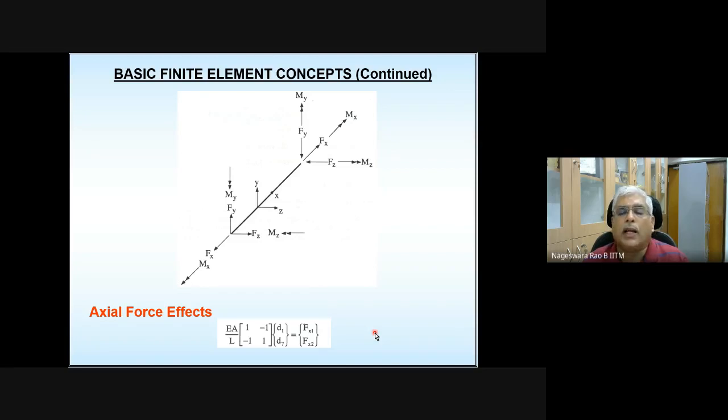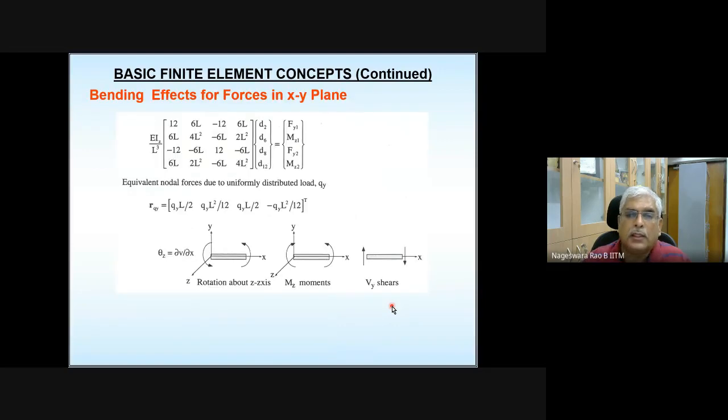Okay. Similarly, other things. So axial effects, the element equations, you can see here, with corresponding degrees of freedom and corresponding forces. And bending effects along xy plane.